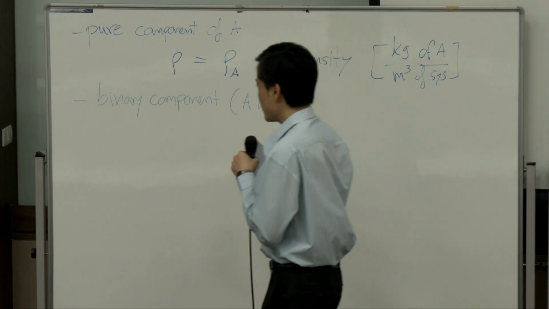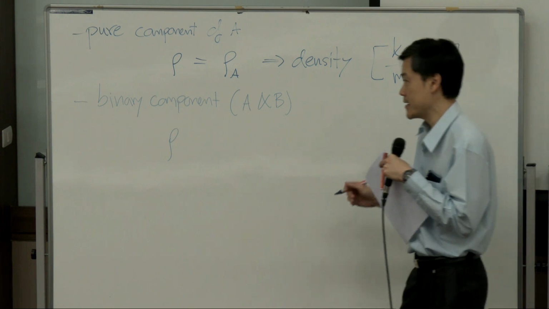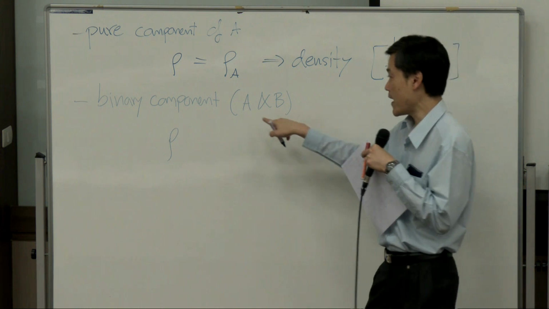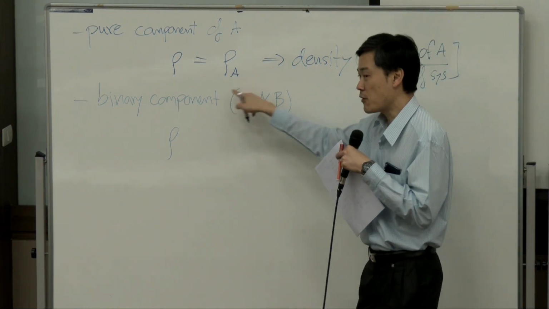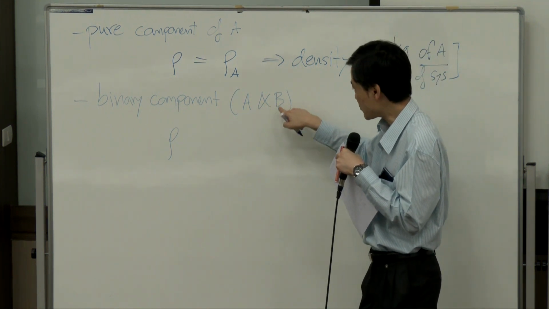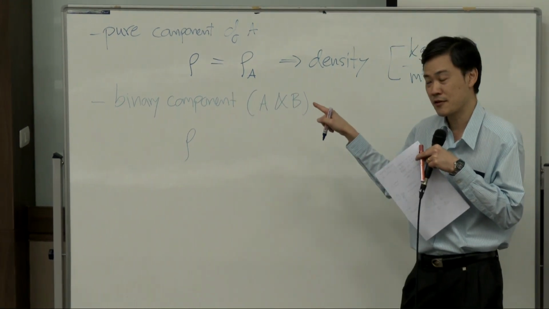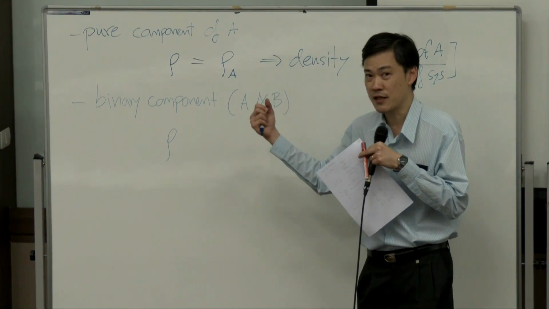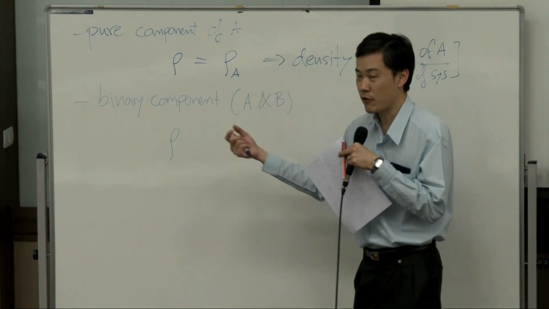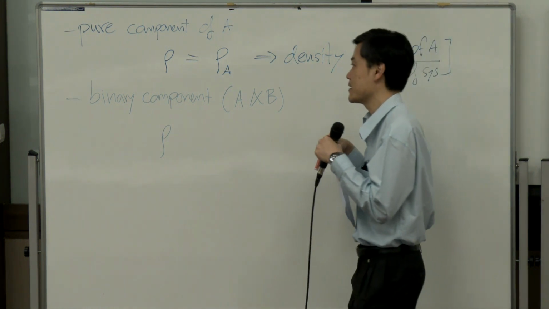If I still want to calculate rho, which is density, okay? Now that would be the density of the solution. Now we have two components. If this is a liquid phase, one would be called the solvent, the other one would be called the solute. The whole system is called the solution, okay? Which one is solvent, which one is solute? Conventionally, it depends on the amount. The species with the lower amount is called the solute. The species with the higher amount is called the solvent, okay?